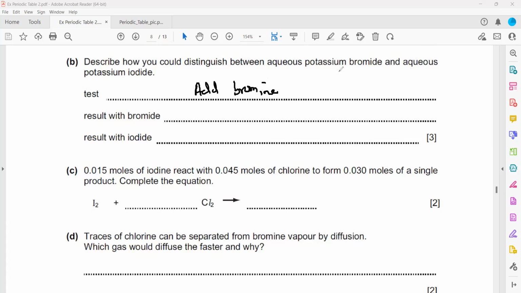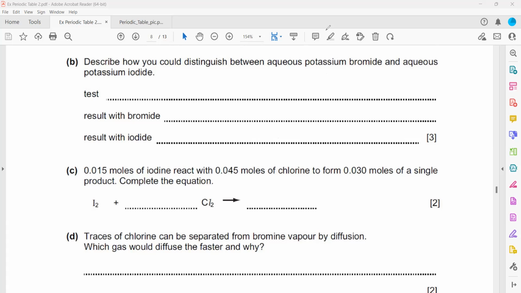When you add bromine to potassium bromide, there is no reaction, no visible change. And here bromine displaces iodine, so it will form iodine. So both ways you can test the solutions. Iodine is black or purple, but iodine is formed in the solution. That is why it is yellow.